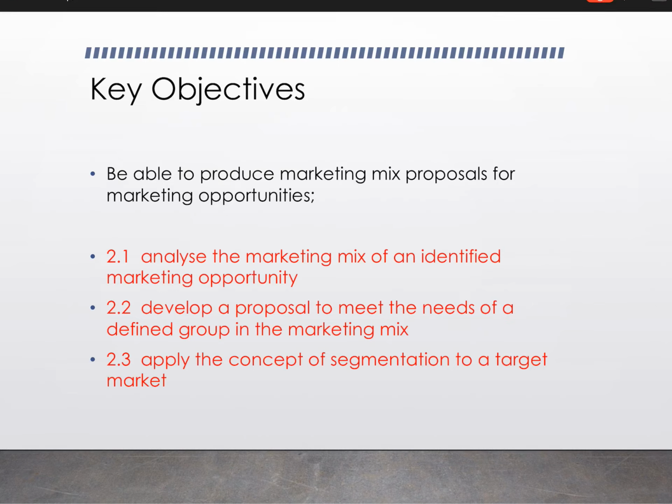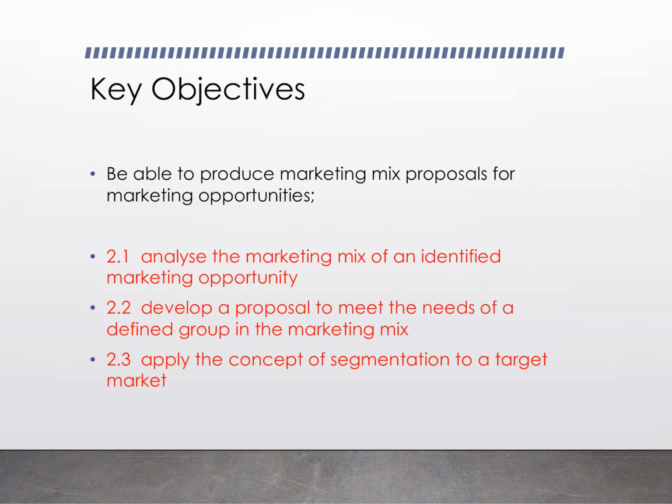The objective of today's session is to produce a marketing mix proposal for a marketing opportunity. This means we will be talking about learning outcome 2. Last week we covered learning outcome 1, so this week it will be learning outcome 2.